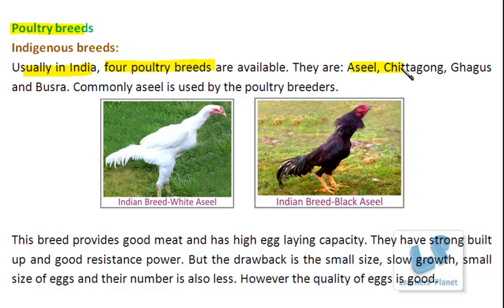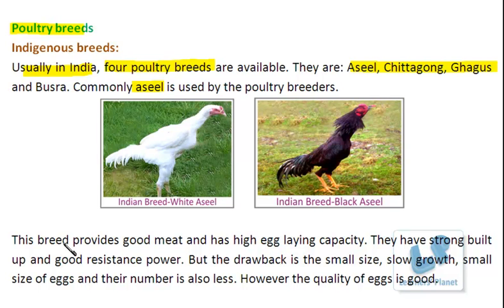They are Asil, Chittagong, Kadaknath, and Busra. These are the common four breeds available in our country, and out of all these, the Asil is commonly used in the poultry farms by the breeders, of course.